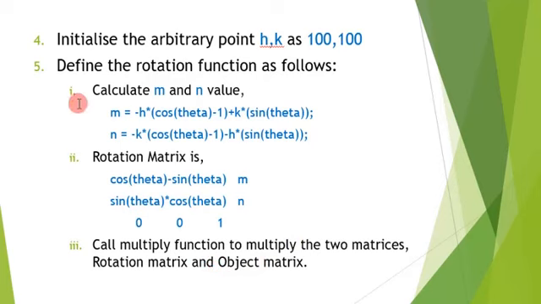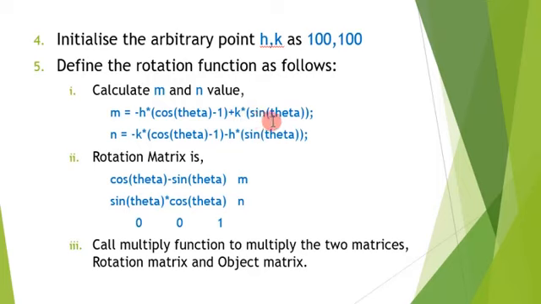Here there is one equation that we are going to use, that is to calculate the value of m and n. Here m and n are the x and y axis for the rotated triangle, the triangle that we are going to rotate.